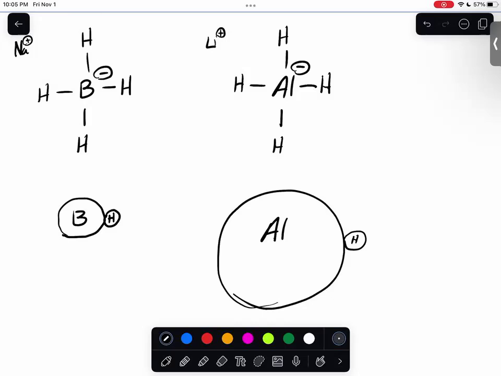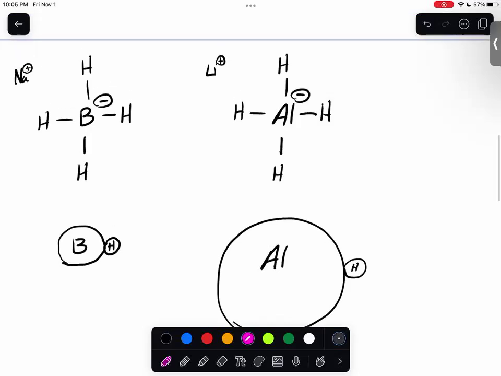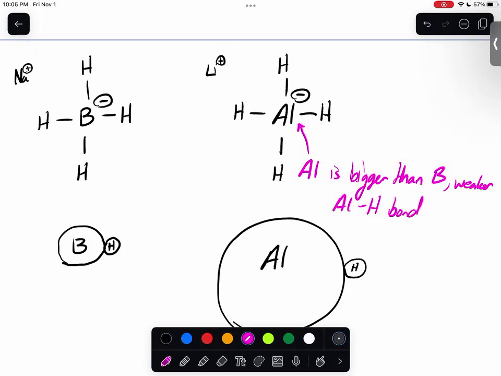And so it's a little bit weaker of a bond. And by a little bit, I actually mean quite a lot. So since aluminum is bigger than boron, it has weaker aluminum-hydrogen bonds.